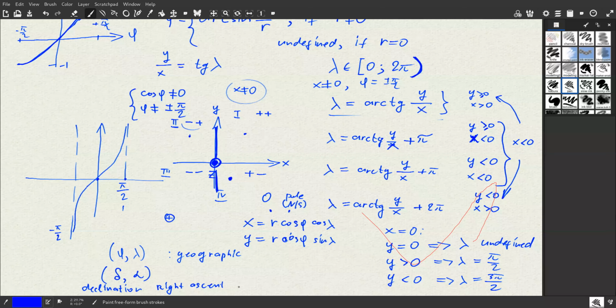And being able to compute declination and right ascension from the Cartesian coordinates will be very, very important. So in your labs, you are going to, I think, implement a numerical procedure which performs the transformations exactly as we discuss them now.